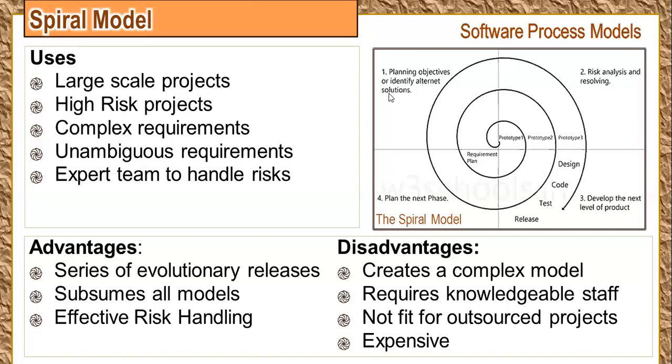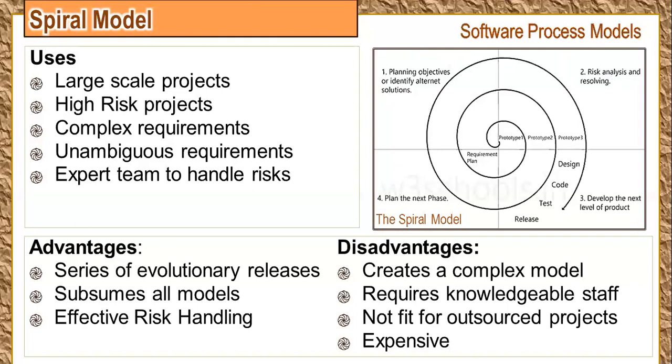You are investigating, elaborating, and analyzing what you want from the software that you are developing. The second quadrant is a risk handling quadrant. It is resolving all the risks, and alternative solutions are evaluated and the best solution is selected.